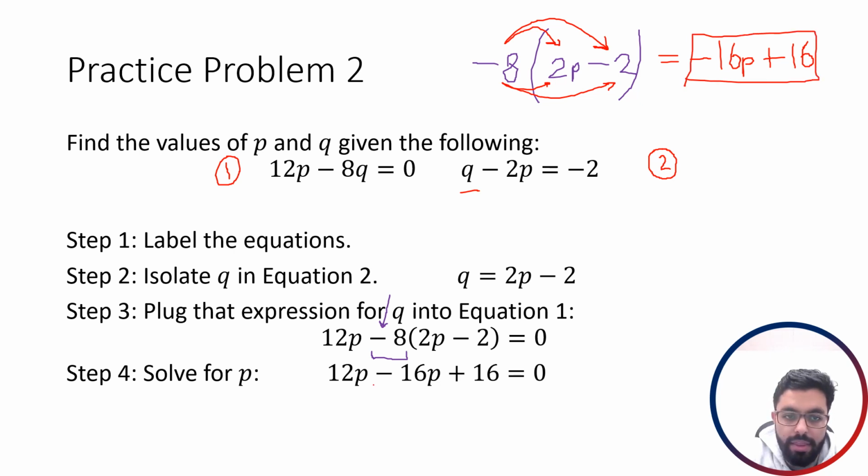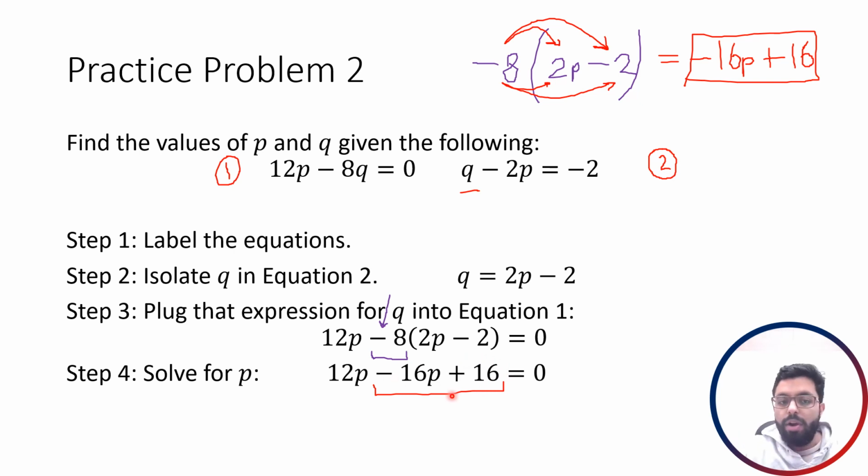That is this piece right here. So basically we just ignored the 12p. We pretended that this 12p didn't exist, and then we did the rest of the problem, and you get -16p plus 16 from this multiplication problem with the brackets over here, and that's the result that you get.